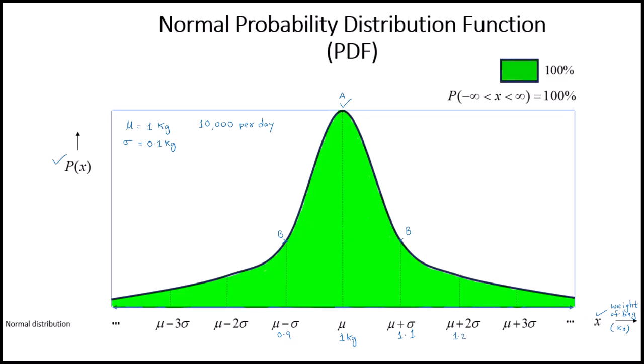Let's assume the probability of having that size of bag is represented by the point C. And if it is found from the observation that mu minus 2 sigma, which is 0.8 kg, also has the same probability, represented by the point C. And going by the same logic, if we find in this packaging company that the size of 1.3 kg has a probability of D, which matches exactly with the point D over here for a bag size of 0.7 kg.